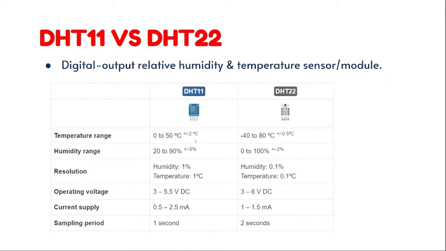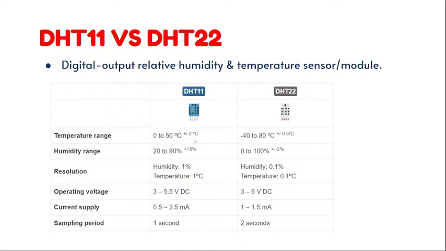You could use DHT22 or DHT11, both are almost the same. The only difference is the temperature range and the precision. The humidity range for DHT11 is 20 to 90 percent. I'm going to use DHT11. If you use DHT11, there is no need of any pull-up resistor; you could directly connect VCC, ground and data directly to the ESP32.